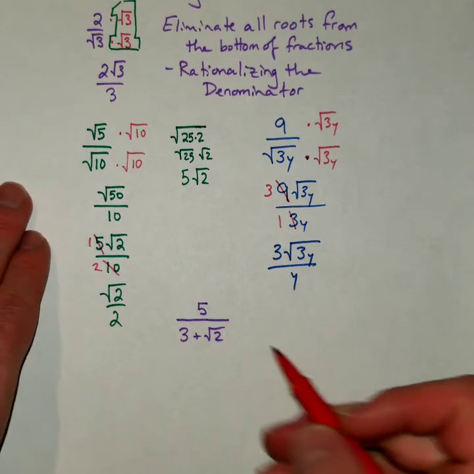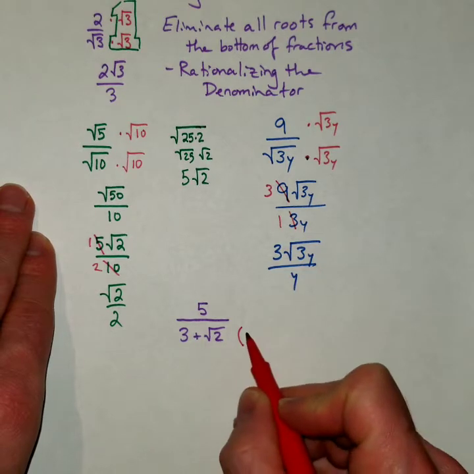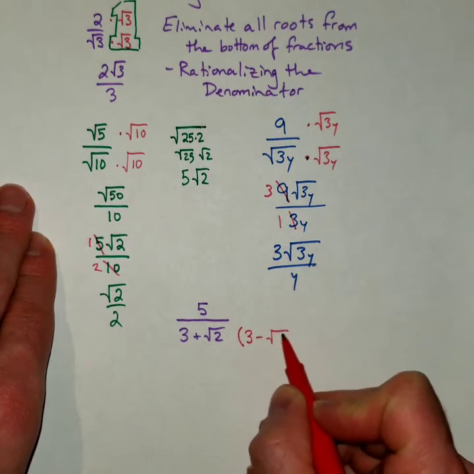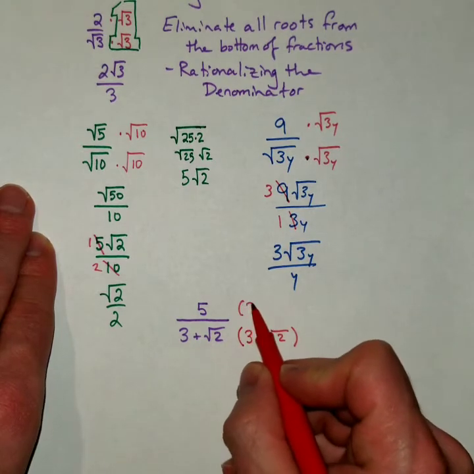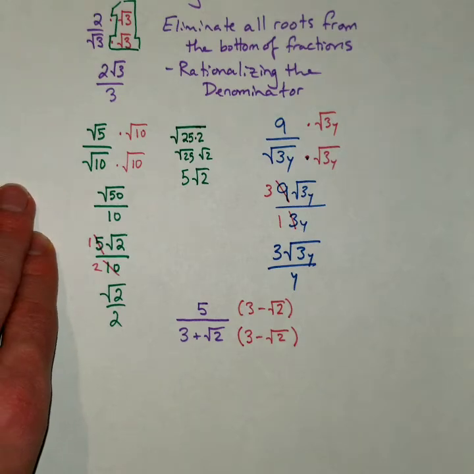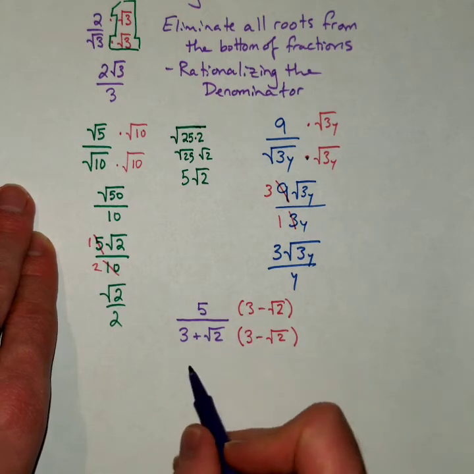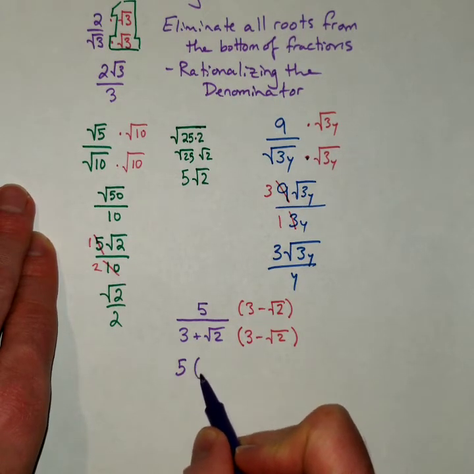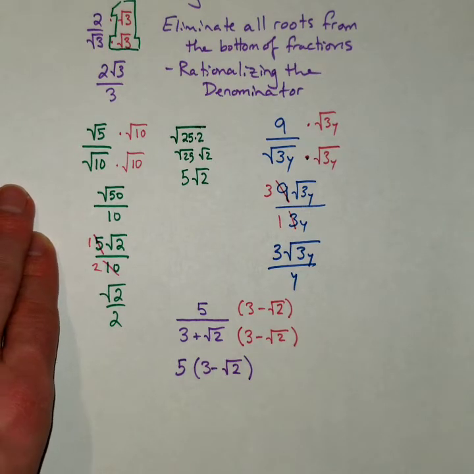So we're going to multiply by the conjugate of the denominator, which would be 3 minus root 2. But if I do that to the bottom, I also have to do that to the top. Then when I multiply on top, I'm going to actually keep the numerator factored. There's a reason I'm going to do that.